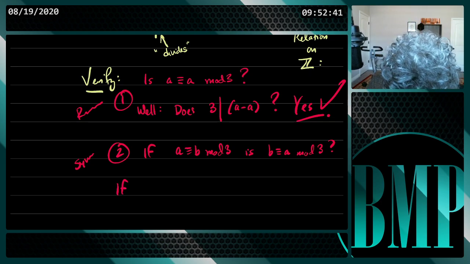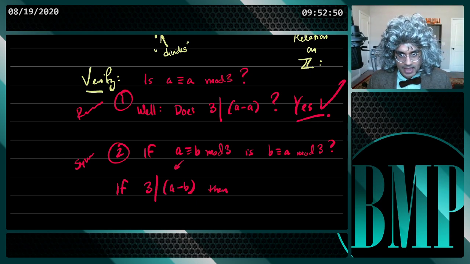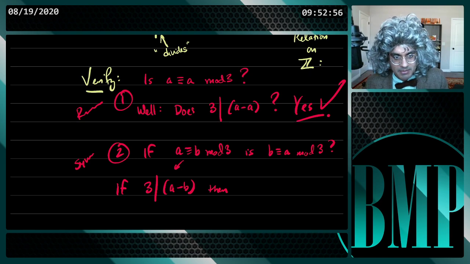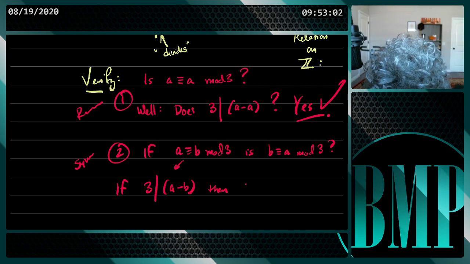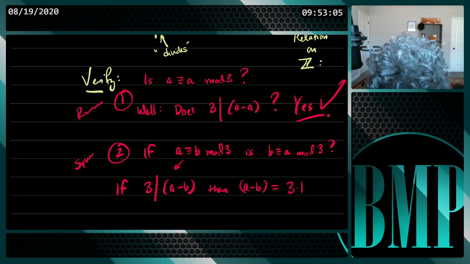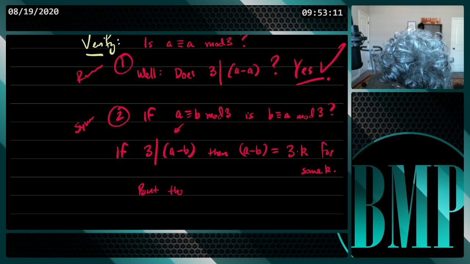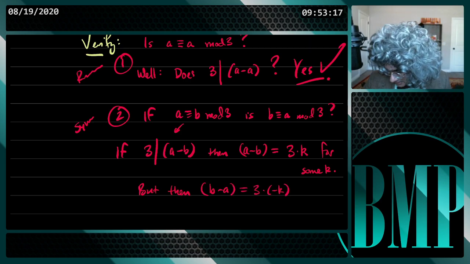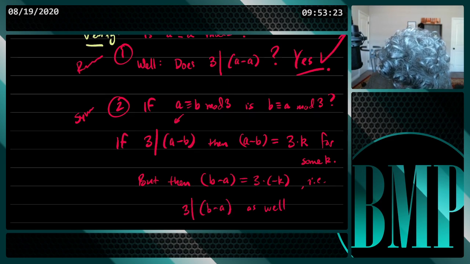Since 3 divides A minus B, that's what the first one means, then 3 divides B minus A too, because B minus A is the negative of A minus B. You have to say it like, A minus B is 3 times K for some K, but then B minus A is 3 times negative K, i.e., 3 divides B minus A as well. Great.